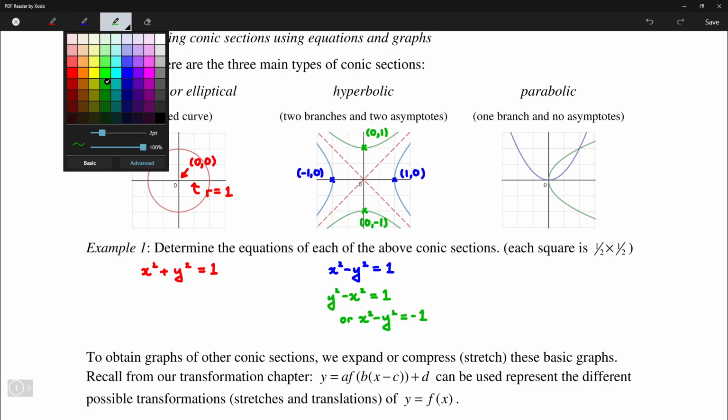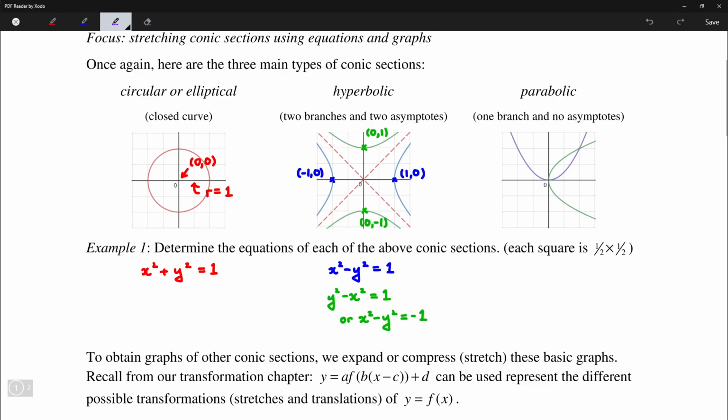Next up, we have the parabola. So this is just the standard parabola y equals x squared. Of course, the vertex here is just 0, 0, and it did not undergo any vertical stretch.